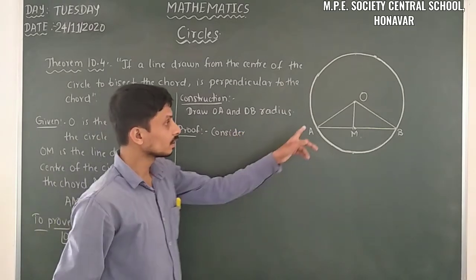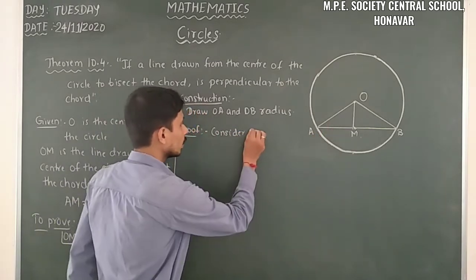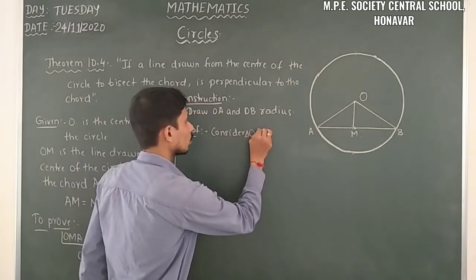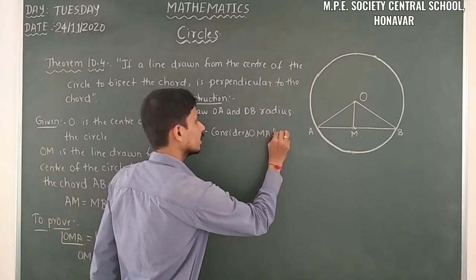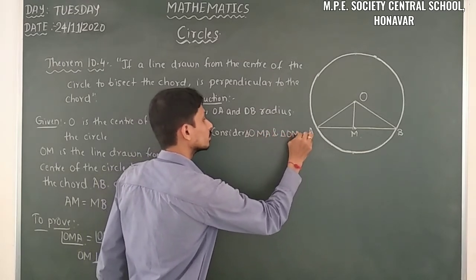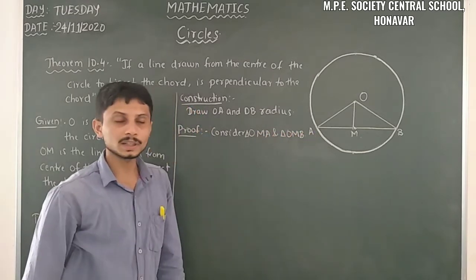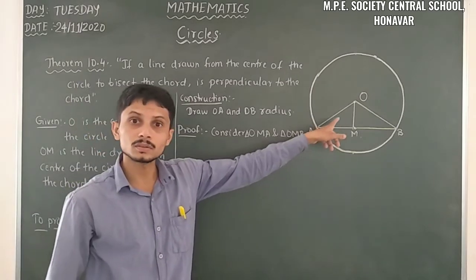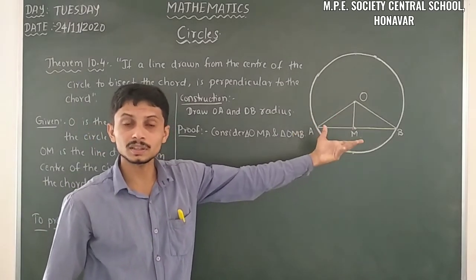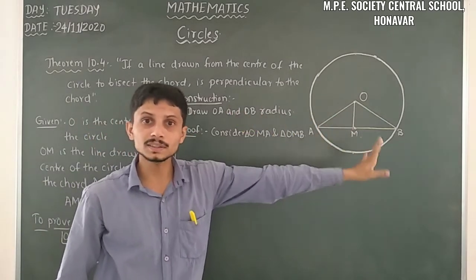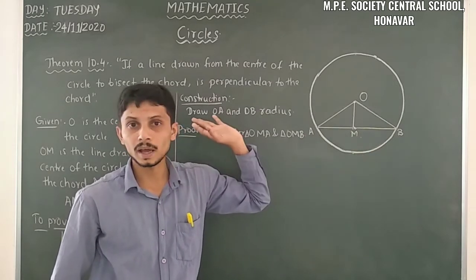Consider triangle OMA and triangle OMB. In these, what equalities do we have? We already know that all the radii of the circle have equal lengths.